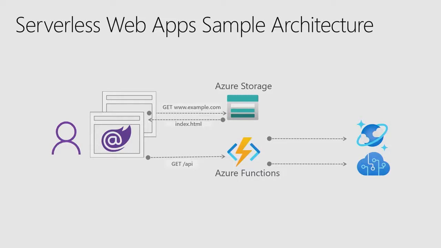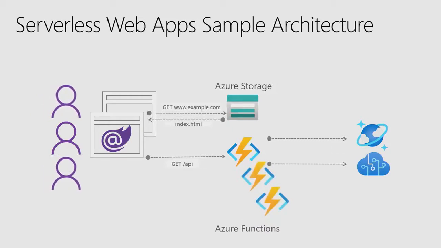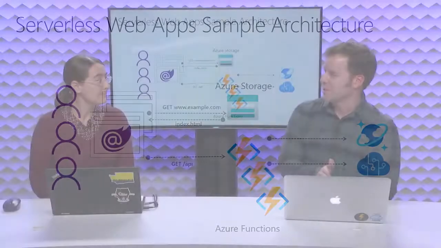And that's going to continue to happen as more users come in and we see that the load is increasing. We'll continue to automatically scale that function app to additional instances to keep up with that demand, to keep up with that load. The inverse will also happen. As the load goes away, as our app is no longer being used, we'll scale that application down.